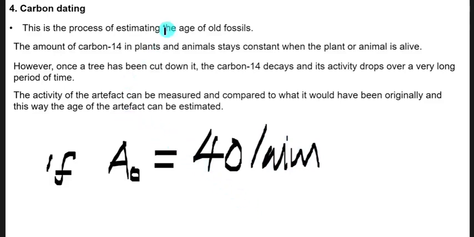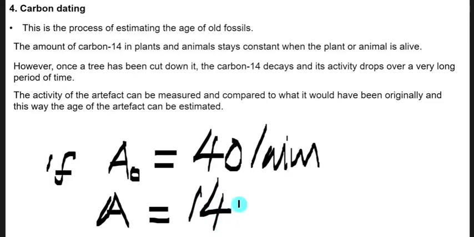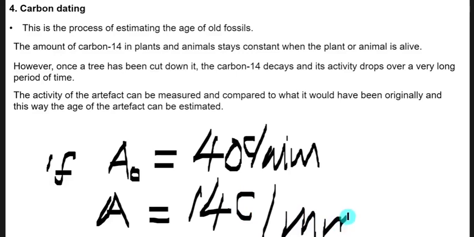Now, after they cut it, it starts decaying, because this amount will start decreasing. Maybe they find that what has remained after they cut it is 14 counts per minute. Then they'll compare this and this to know the age.